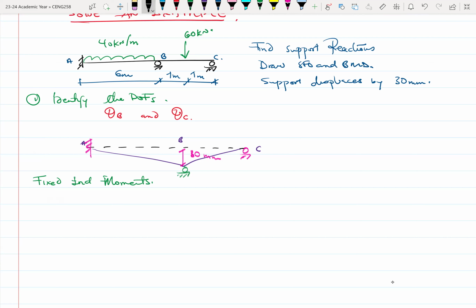If you take span AB, you assume that all ends are fixed for now. Then you have your UDL on it. If this is 40 kilonewtons per meter, then we need to find these fixed end moments.